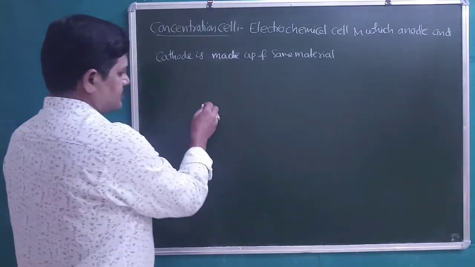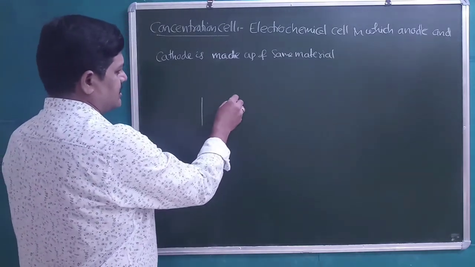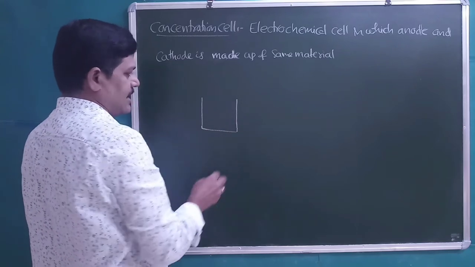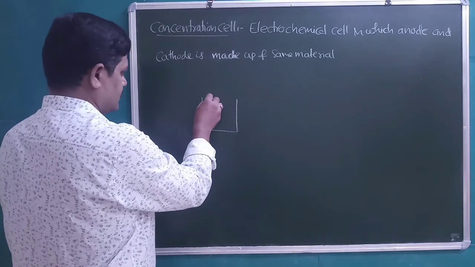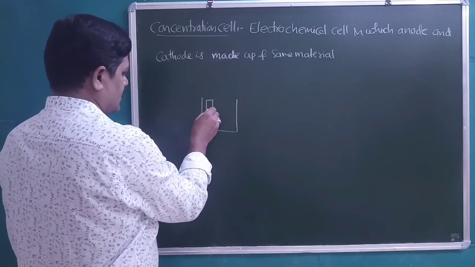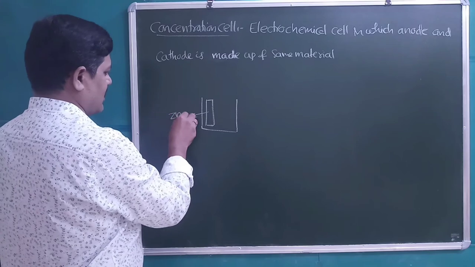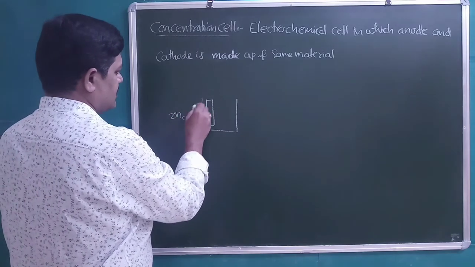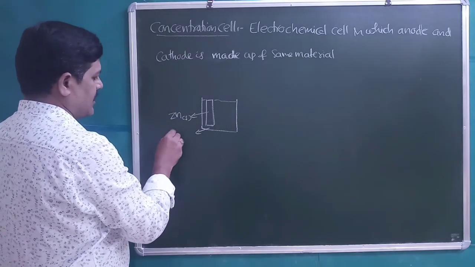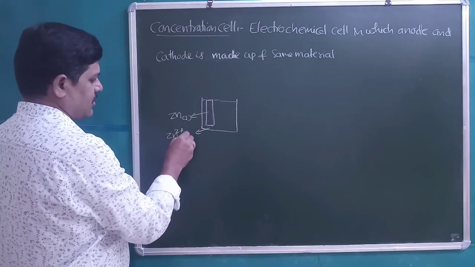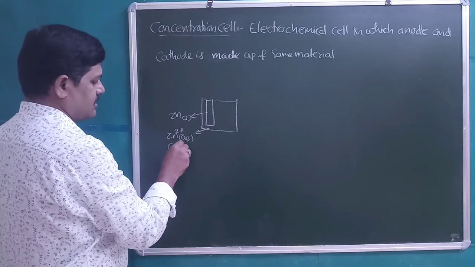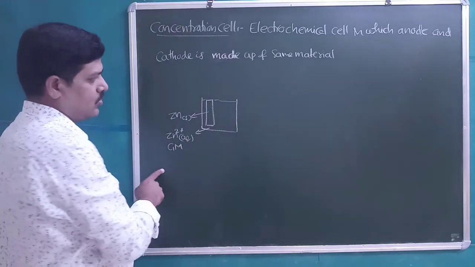Students, let us consider one concentration cell in which a zinc anode is present and a zinc cathode is present. The zinc anode, Zn solid, is immersed in a solution containing Zn2+ ions, aqueous solution, concentration C1 molar.